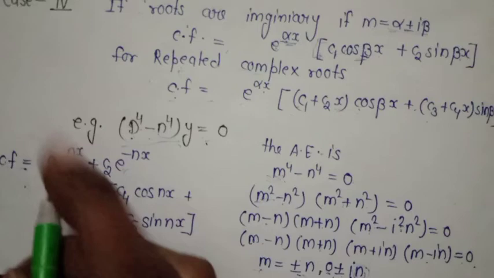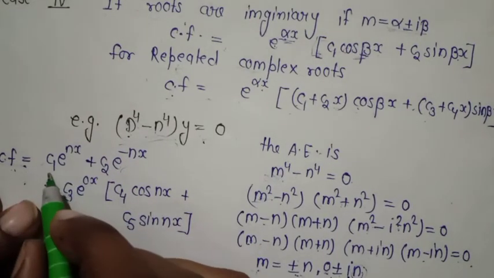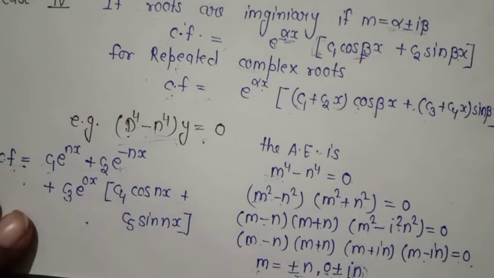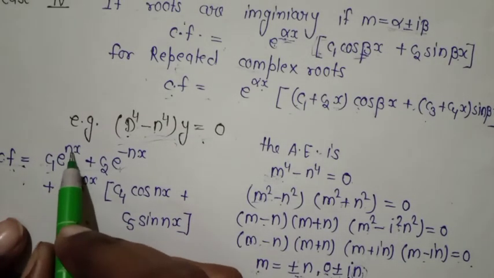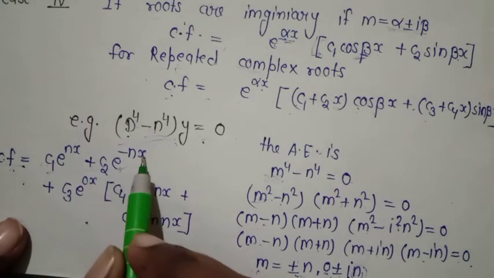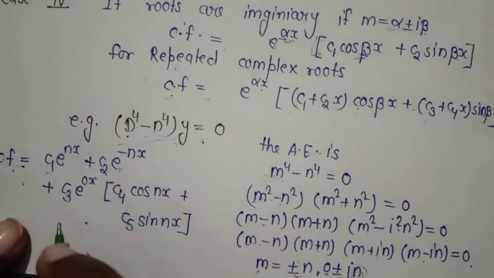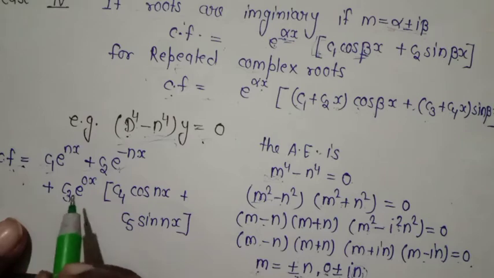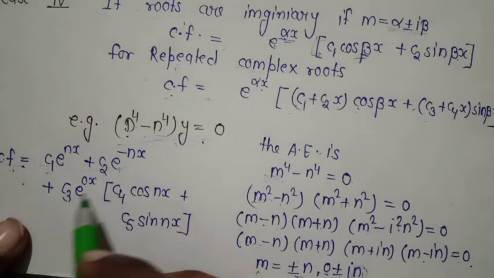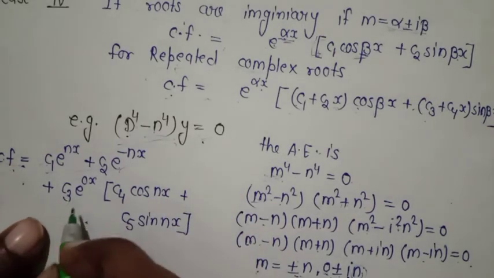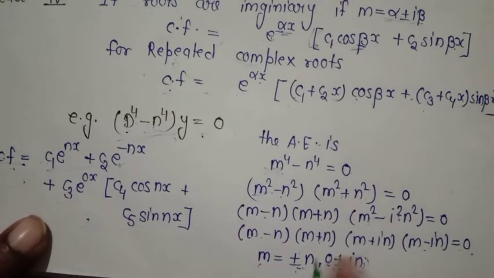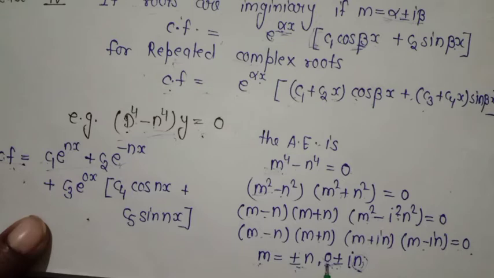So if I want to write the CF for this differential equation, I have written it here. You can see that for the real roots, we will write the CF in the same manner as we have written earlier. So C1 e raised to power nx plus C2 e raised to power minus nx, as I discussed in case 1. But for the complex roots, we have to apply this case. Okay, so I'm going to apply this case. So you can see that our root has real part as 0.